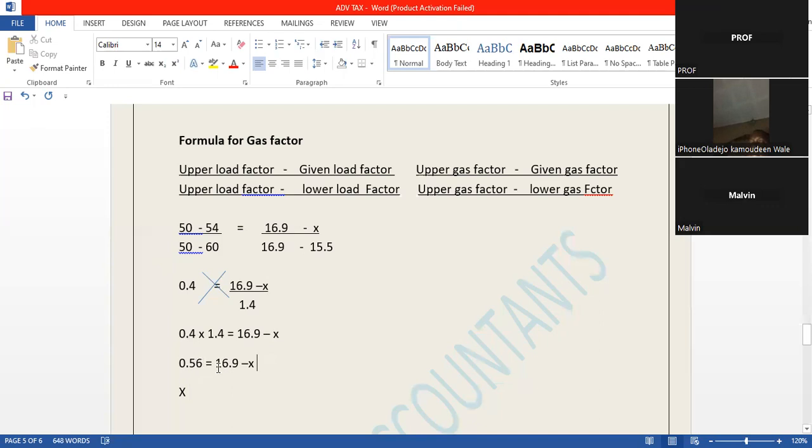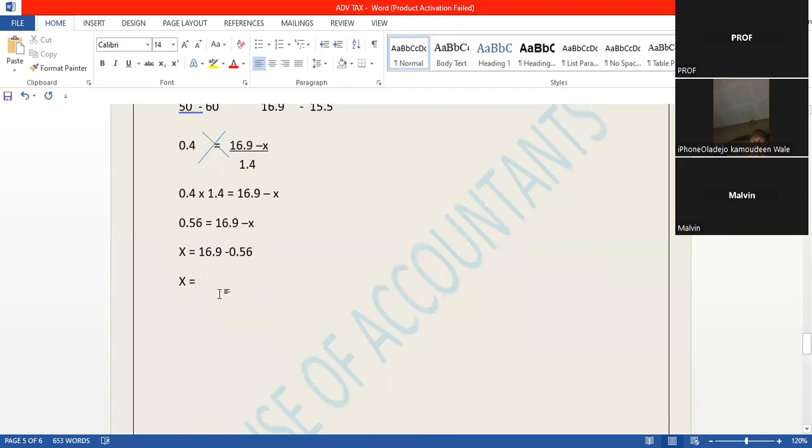So it means we collect the like terms. So x equals 16.9 minus 0.56. And what is the value of x? 16.34. So this will be in percentage. So we are going to leave the answer in percentage. So that is the figure we'll be making use of.